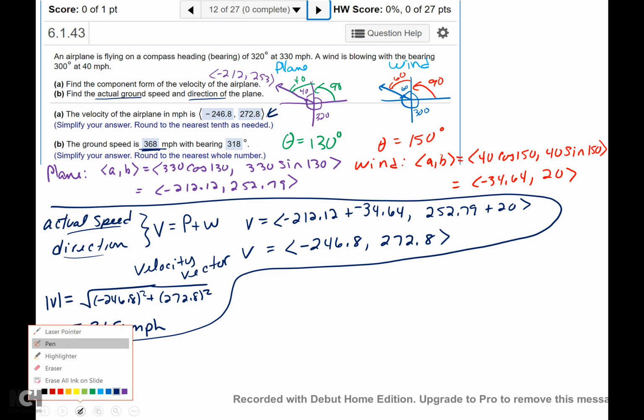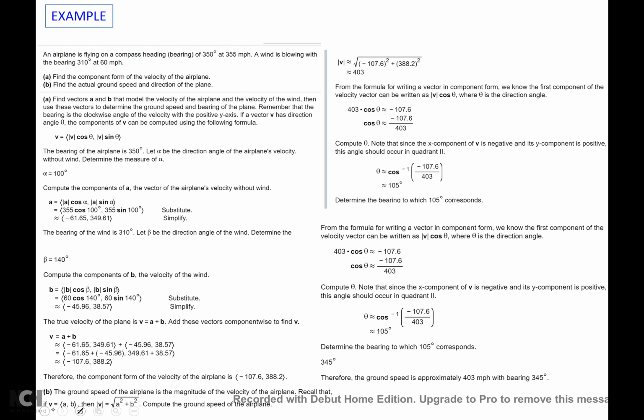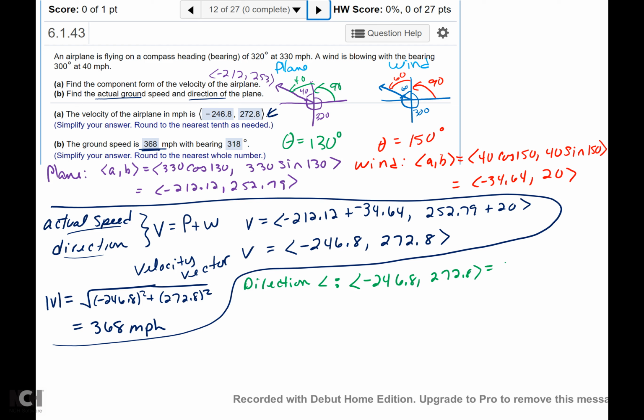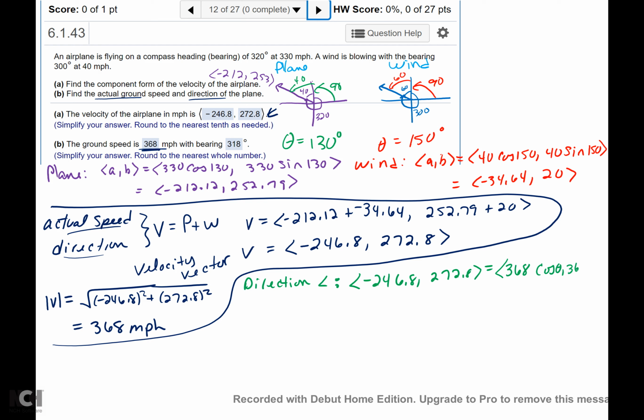To find my direction angle, we can say that these components, negative 246.8 and 272.8, will equal the magnitude 368 times cosine theta, and 368 times sine theta.